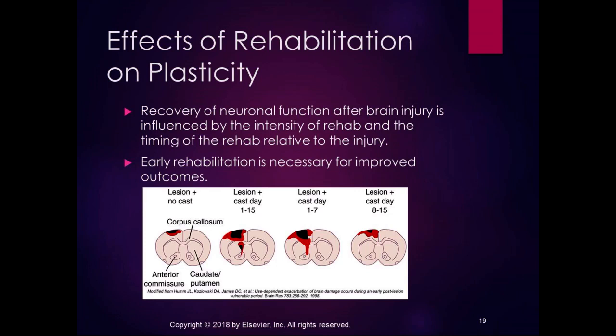So this graphic from the book is showing what happens after lesion if the affected limb is casted, so it can't move. We actually get more brain death and damage in the first couple weeks if we don't do functional movement with the affected limb.